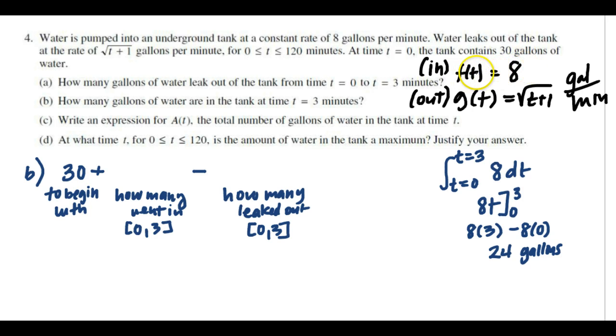So after 3 minutes have passed, there must be 8 times 3, so 24 gallons in there after 3 minutes have passed. So if you could have understood that based on the fact that the water coming in was constant, you didn't have to show this work for the integral. But setting up this integral is perfectly fine. And definitely shows a conceptual understanding.